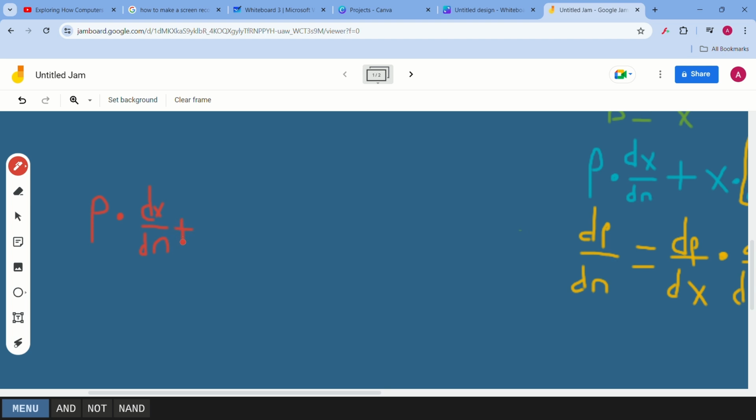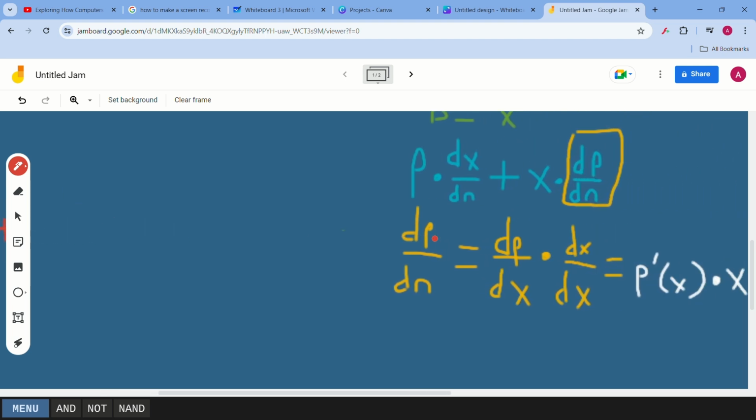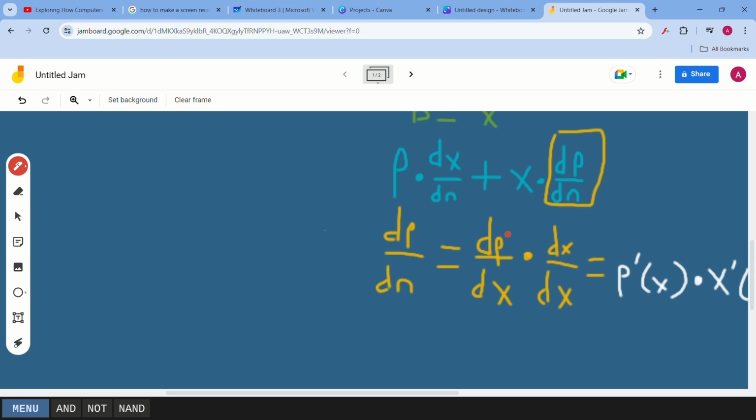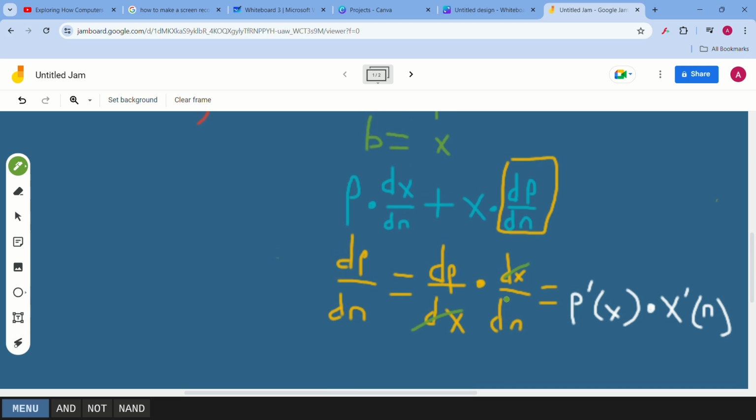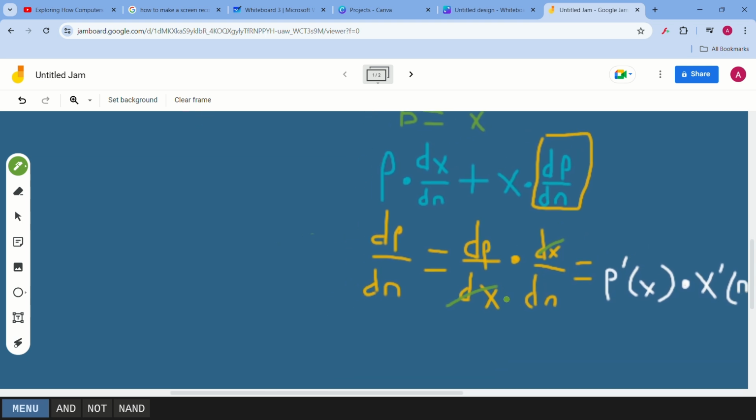But before I put this here, I want to address something. Why did I put dx over dx? How I got this is kind of like pretending to cancel out. And by pretending, I mean pretending. This actually does not work.